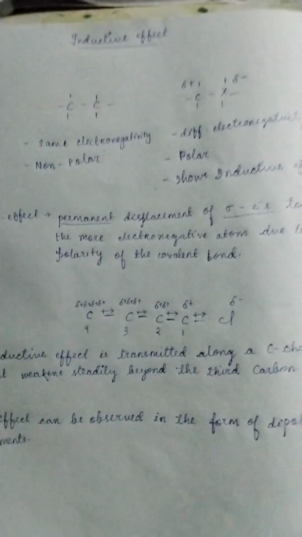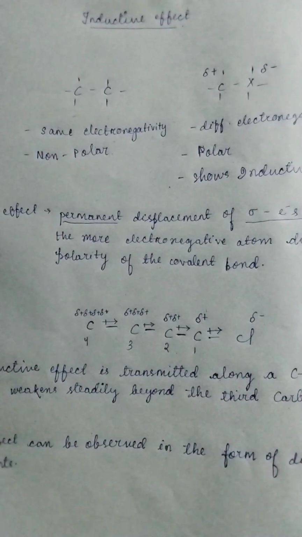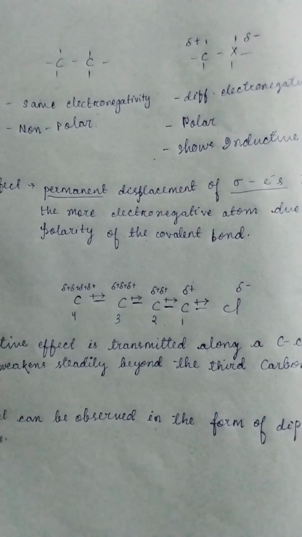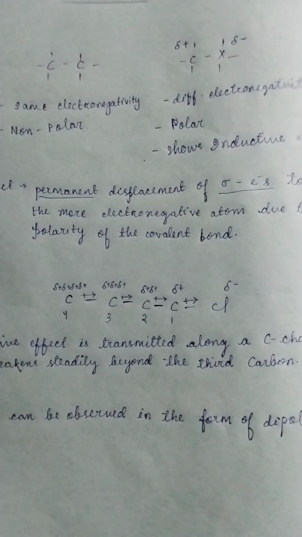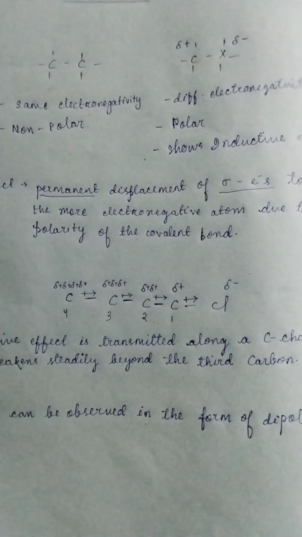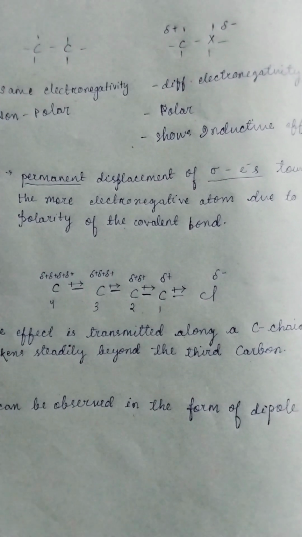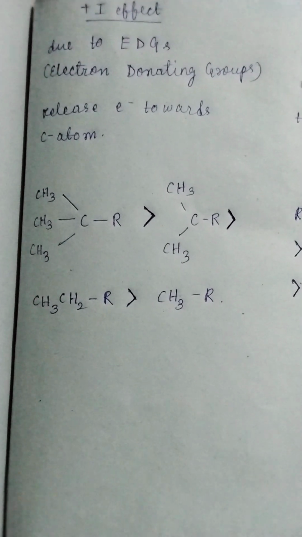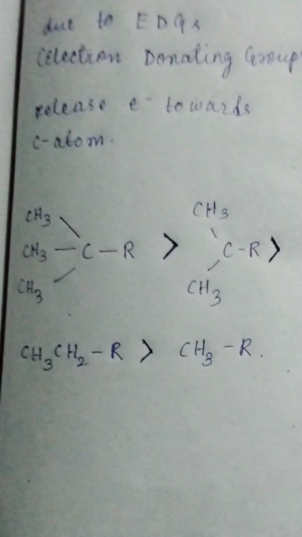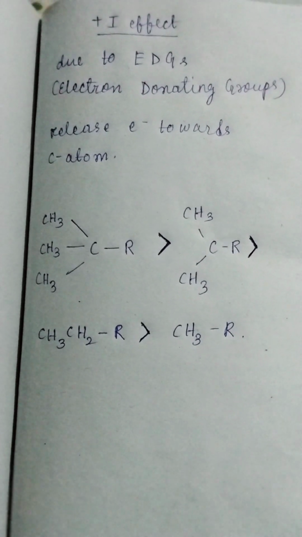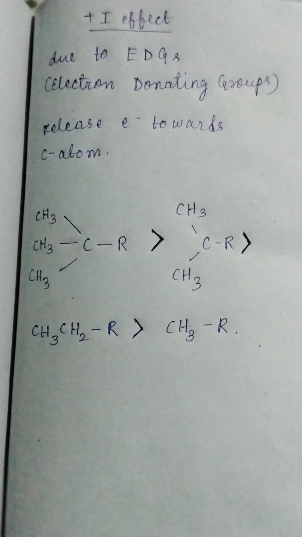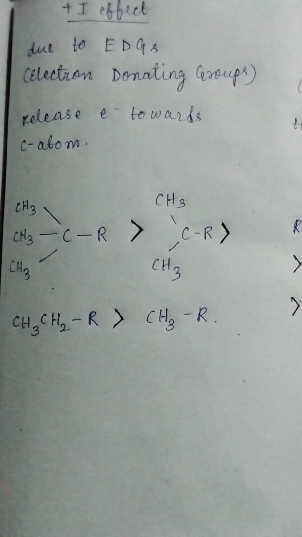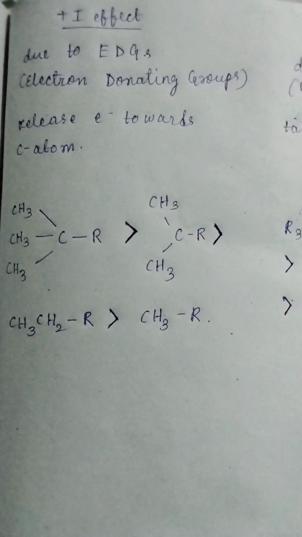So far we have understood what inductive effect actually is, and now we are going to study the two types of inductive effect, that is plus I effect and minus I effect. First, let's read about the plus I effect. The plus I effect is mainly exhibited due to the EDGs, that is electron donating groups, okay? So these groups basically release electrons towards the carbon atom.